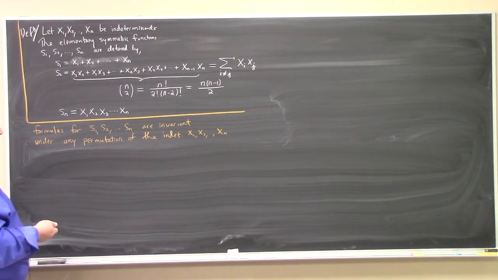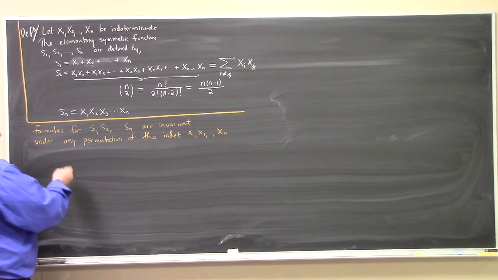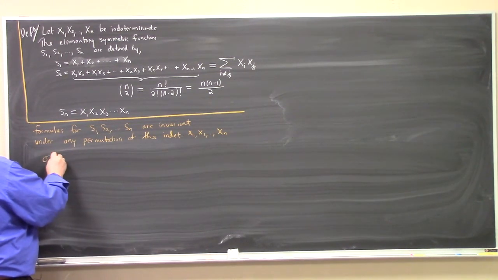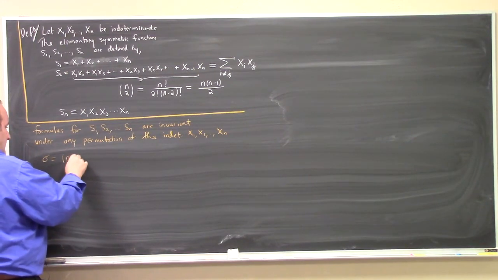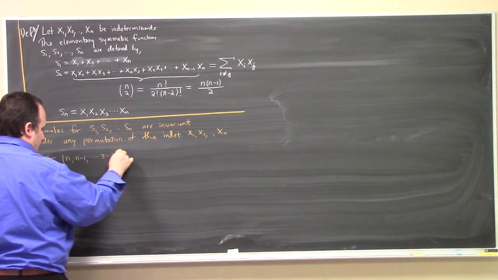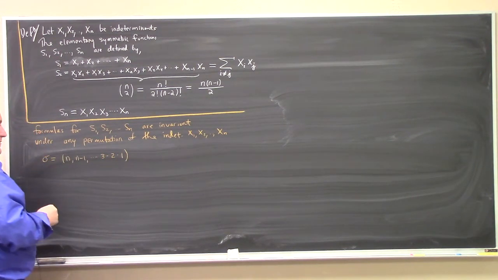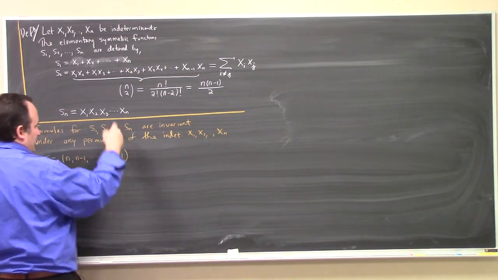So for example, if I did the sigma which was the n, n minus 1, ..., 3, 2, 1 permutation, then if I do that permutation to these indices, what do I get?